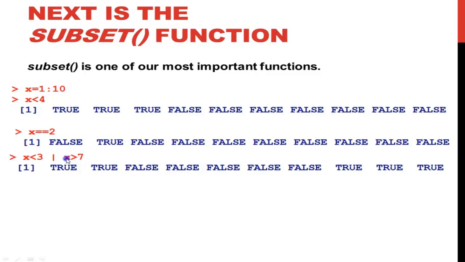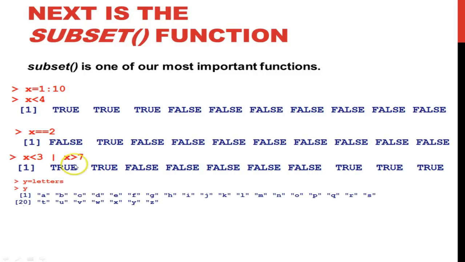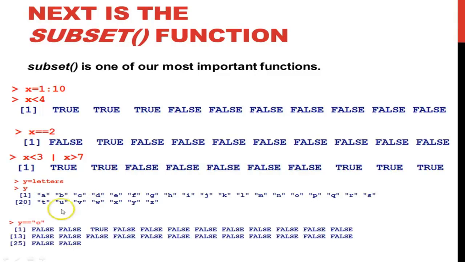Let's keep going. Okay, by the way, in R, there's a variable called letters, and it's a vector with these elements in it. So you can assign letters to y, print out y, and you'll see these letters. Okay, so let's try this. Y equals c. Is y equal to c? That's the equals operator.